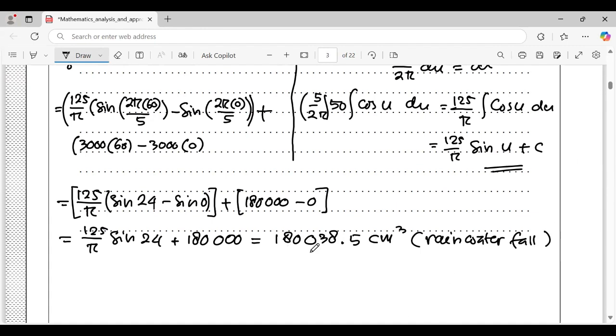If we compare this number, the rainwater fall, and then the volume of gutter, the volume of gutter is 176,400 centimeters cube. So we can compare this number and this number.